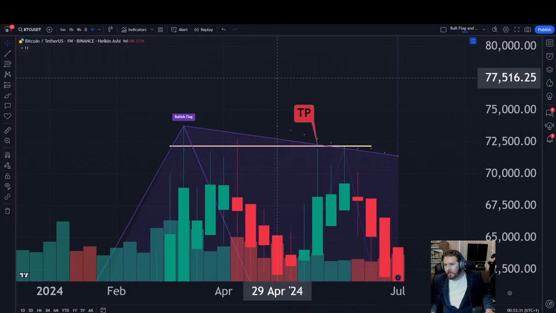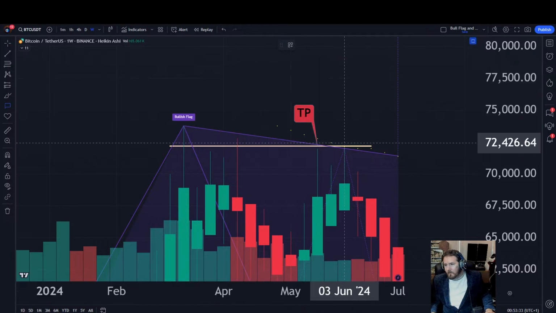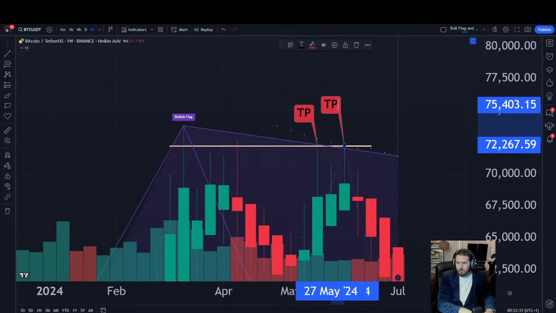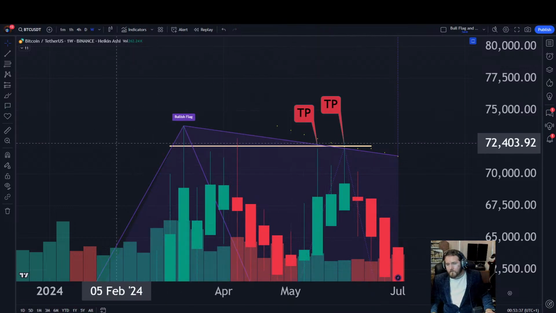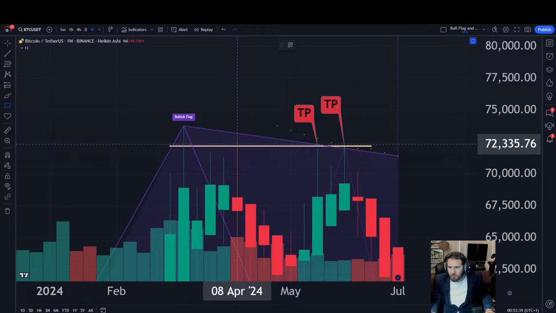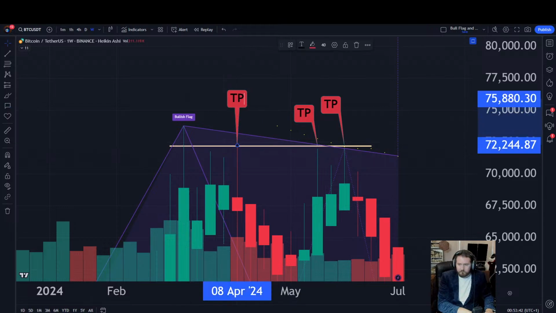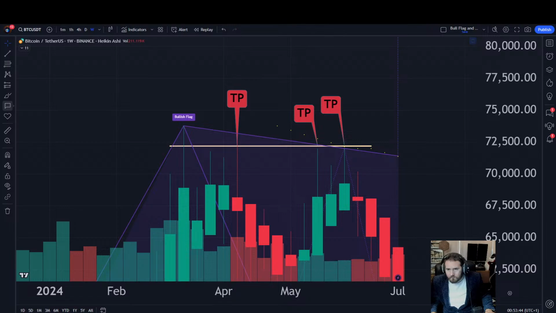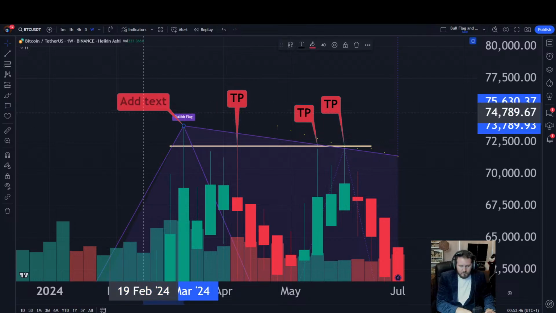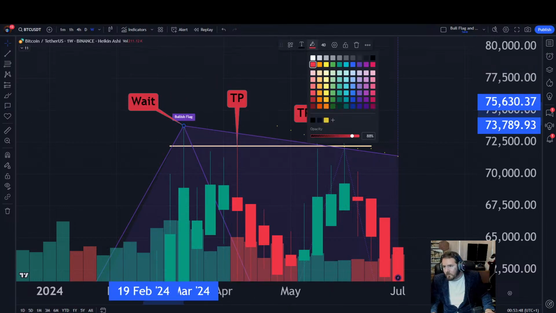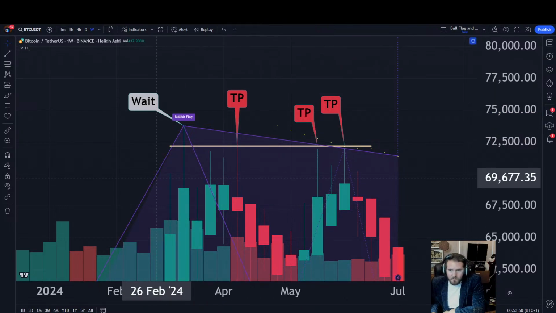And I'm just going to make all the take profits reds. And this is the double top right here. All right, so we're going to wait. So we're waiting here.